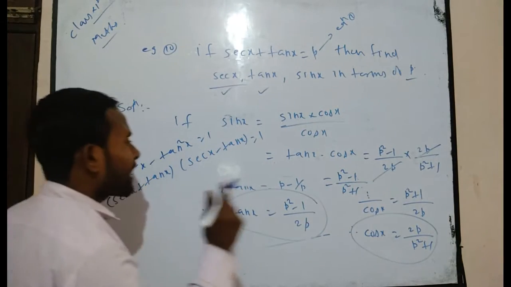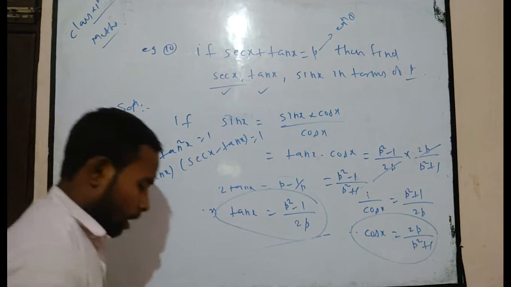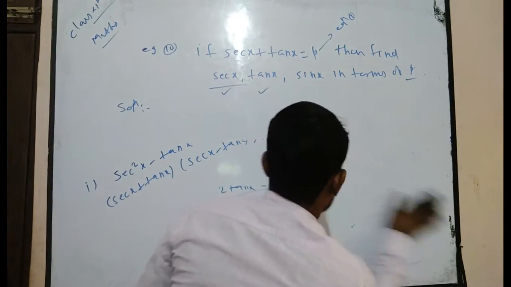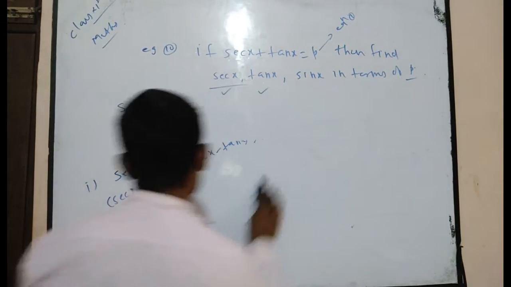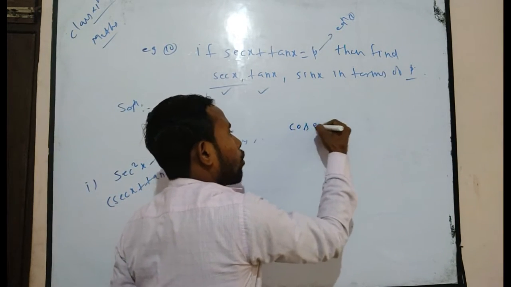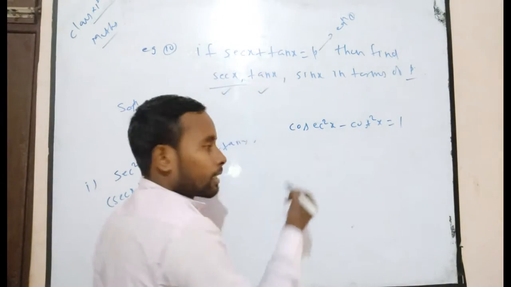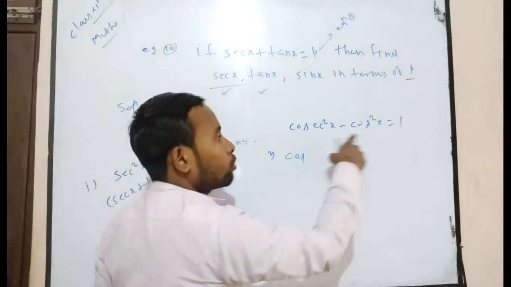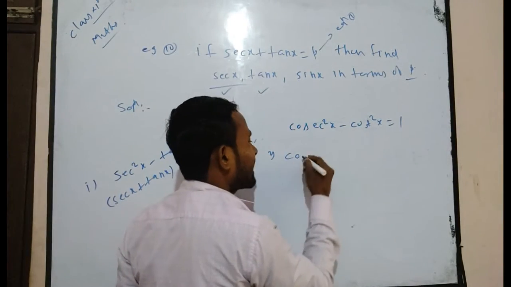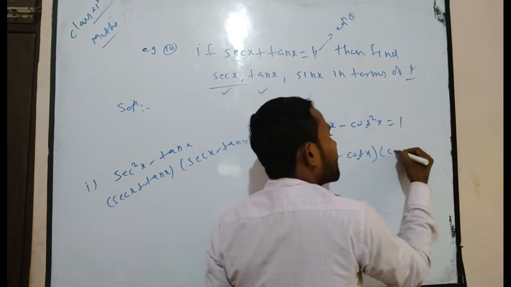This is the simple concept. This is the first concept. Similarly, there is another concept which is also similar, and you know that cosec square x minus cot square x will be 1, implies that you can write it using a square minus b square is equal to a plus b into a minus b. So you can write it as cosec x plus cot x times cosec x minus cot x.